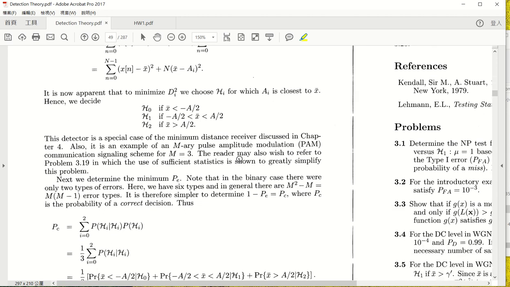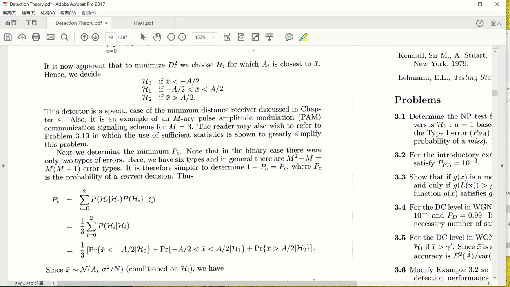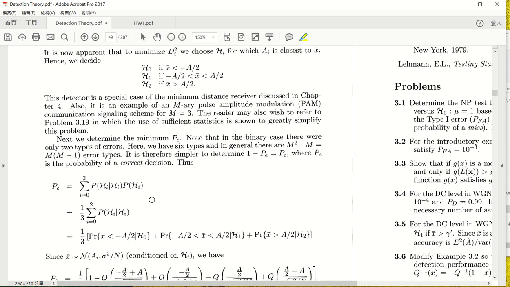Usually in a QAM system we have 2 to the something, like 2, 4, 8, but in some cases in PAM you have M equal to 3, right? So now we have a decision rule. This is the most important thing, the decision rule. Now we come up with it.